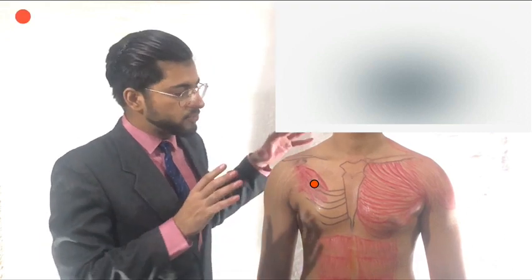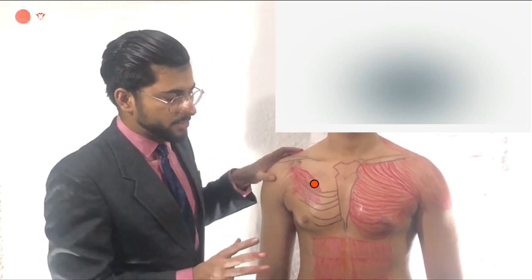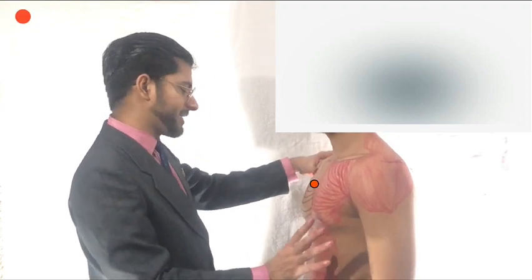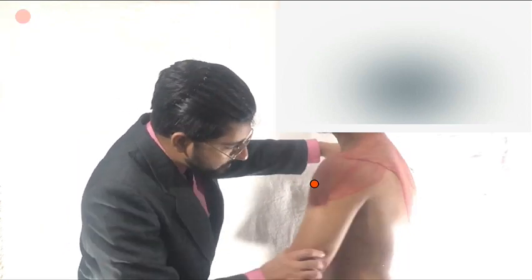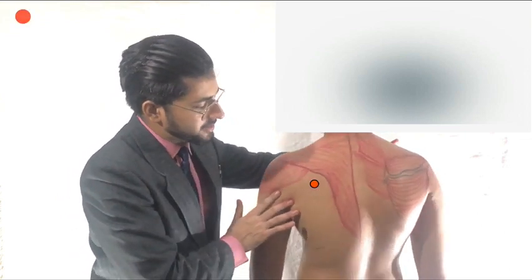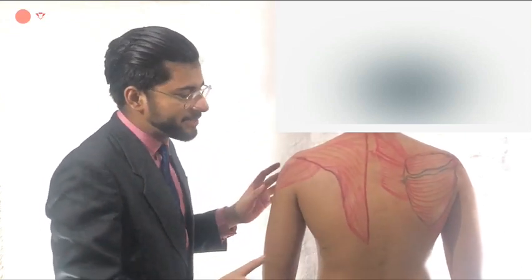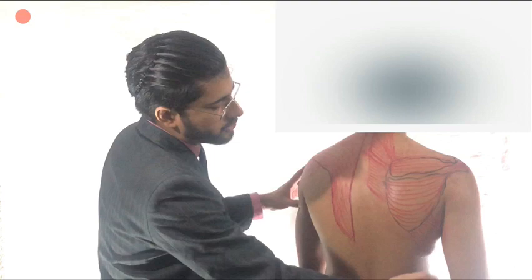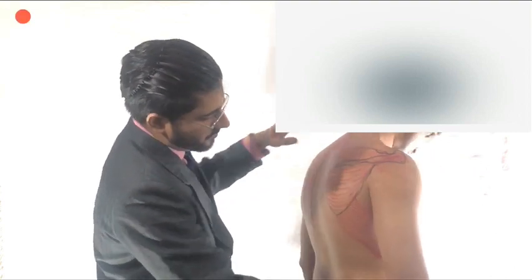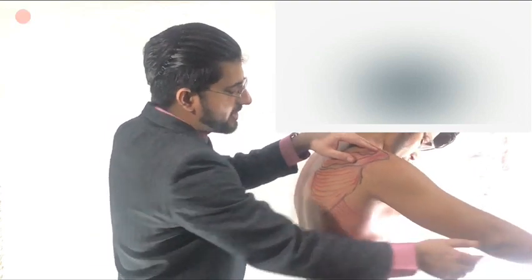So these were the muscles we need to be cautious about. And last but not least, we have the serratus anterior, and I have demarcated it. It's on this side. Actually we have it on both sides, but I have demarcated this side, so I'll show you. Take your hand a bit forward, in the punch position.